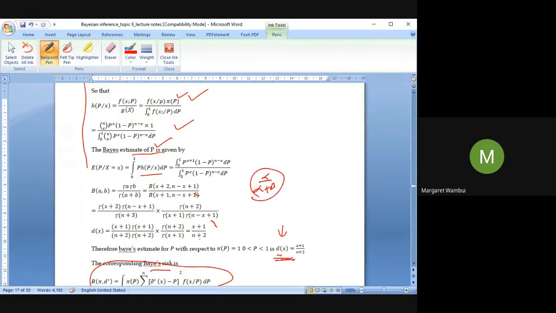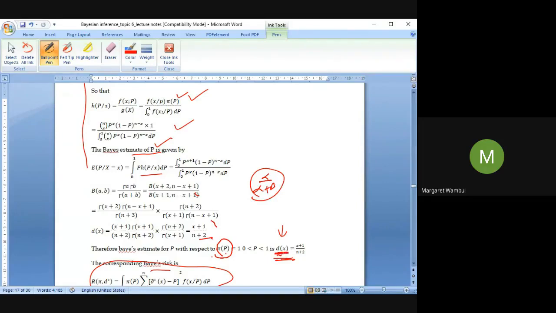You work it out and you get the same thing. But now, because we are talking about decision theory, we are saying the Bayes estimate for p with respect to our posterior distribution of p is now denoted by this.